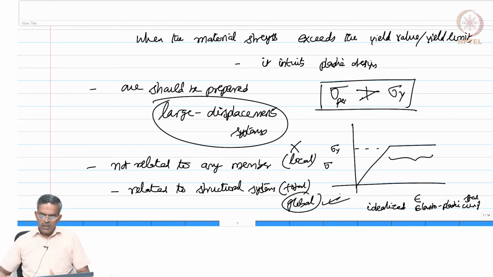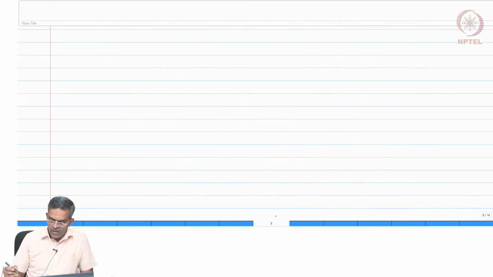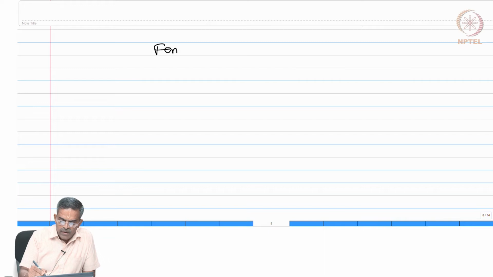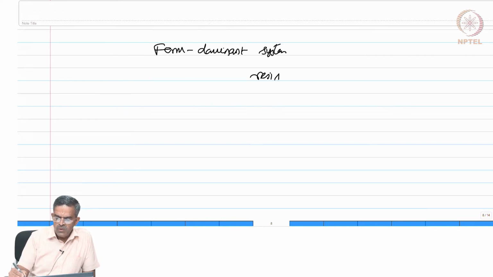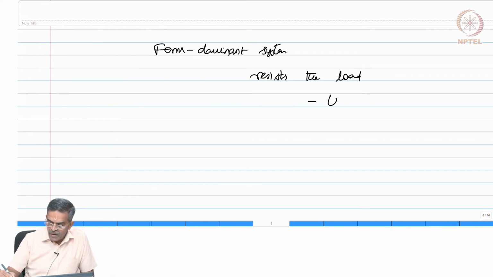So, you would have got a clue at this time that how a form dominant design resists the load by geometry. The answer could be the form dominant design or form dominant system primarily resists the load by undergoing large displacements.